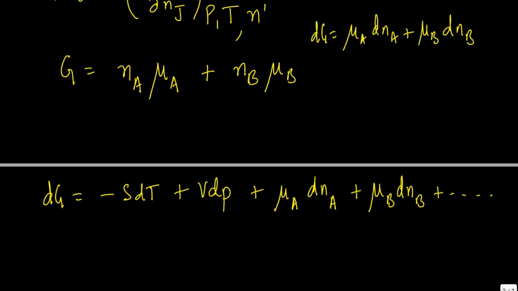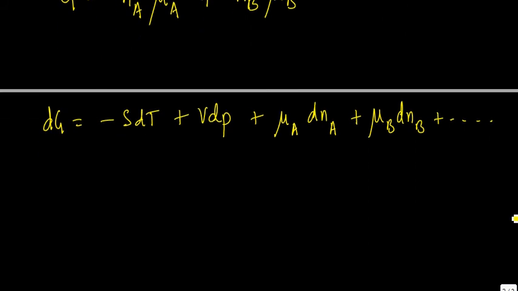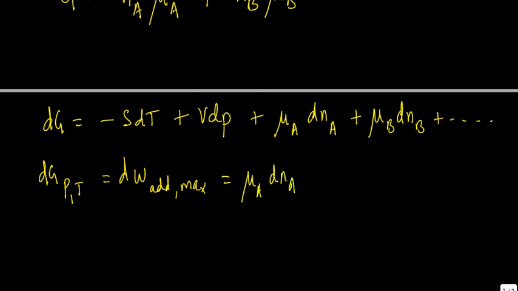Now, what we have seen till now is that dG at constant pressure and temperature is equal to dW, the change in the work additional maximum, which at constant pressure and temperature is nothing but equal to mu A dNA plus mu B dNB.